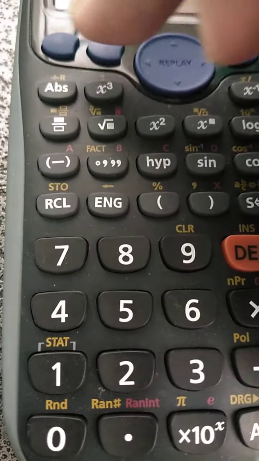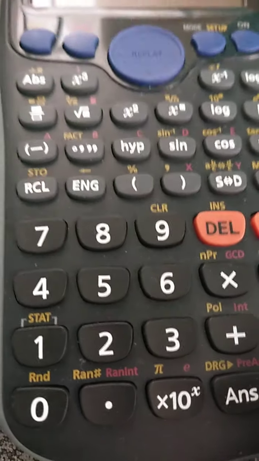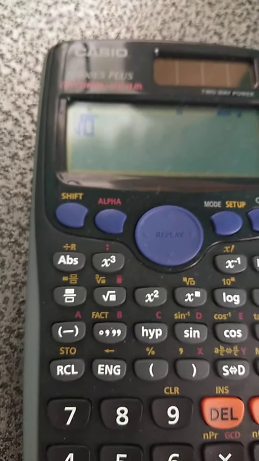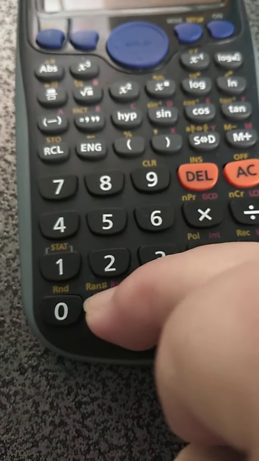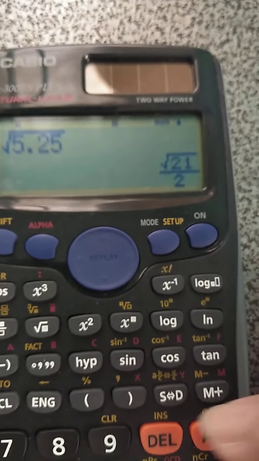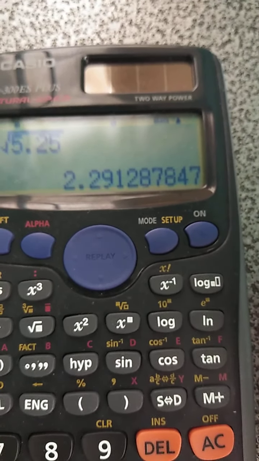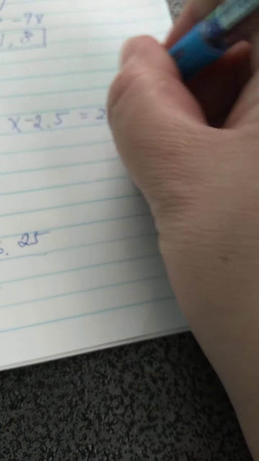So you take the square root of 5.25, and you get 2.29, okay?